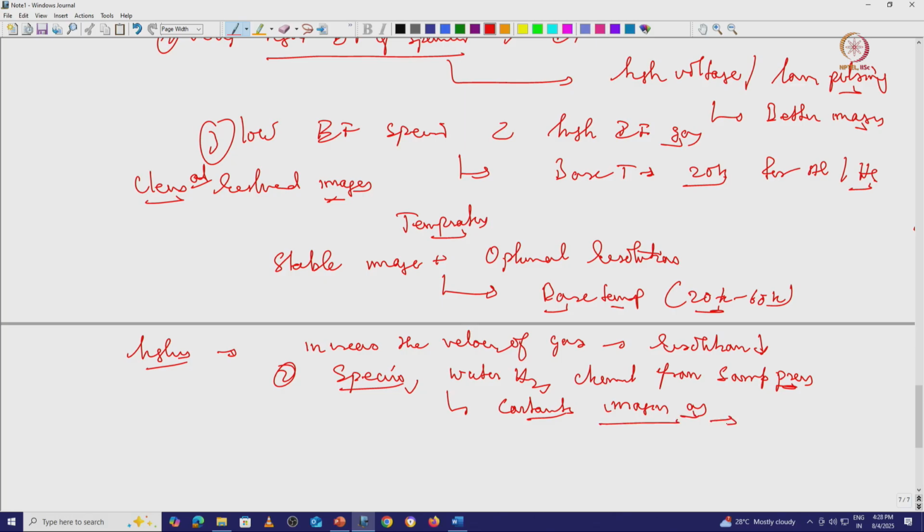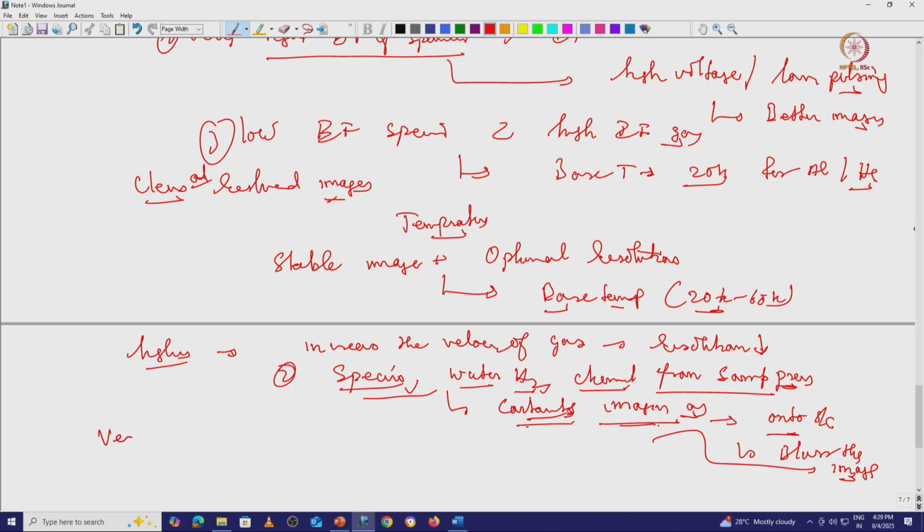Due to this they will migrate onto the surface, which can blur the image. Remember, these species, water, hydrogen, and chemical species from sample prep, can affect the image quality directly. So they actually contaminate the imaging gas.